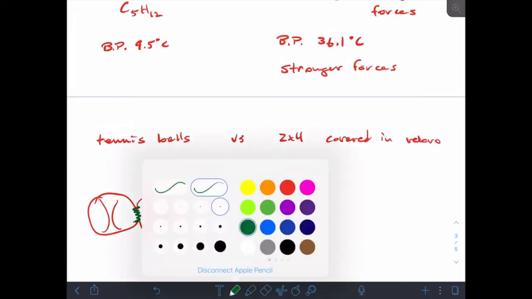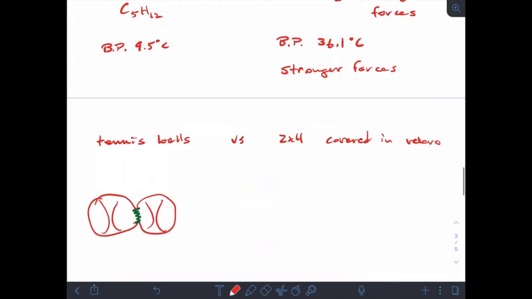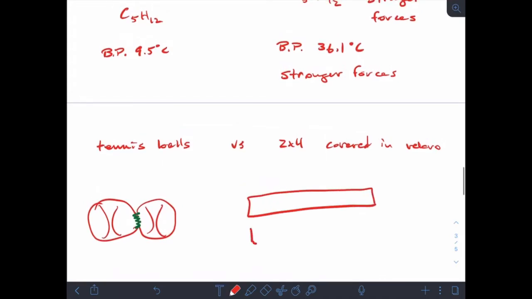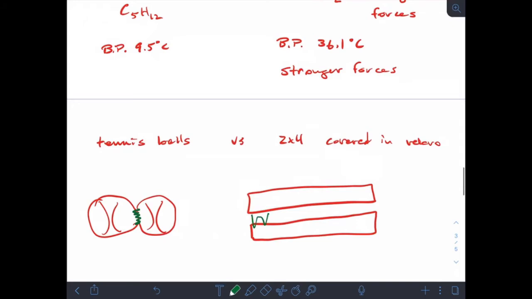But if I'm looking at 2x4s covered in Velcro, if I stick those 2x4s together, look at all this space that would be interacting and sticking to each other.